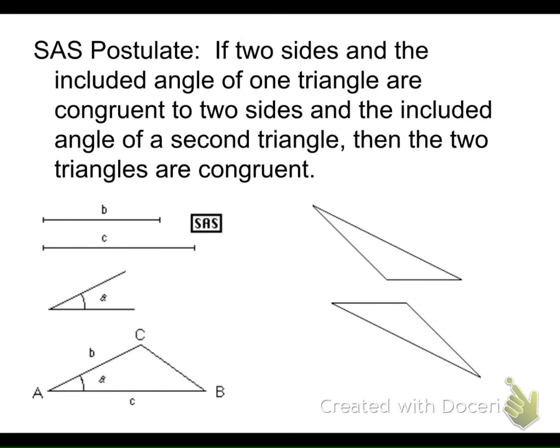So again, I'm going to use the black pen to show. We have the SAS Postulate: if 2 sides and the included angle, so the key part here is that included angle, of one triangle are congruent to the 2 sides and the included angle of a second triangle, then the 2 triangles are congruent.